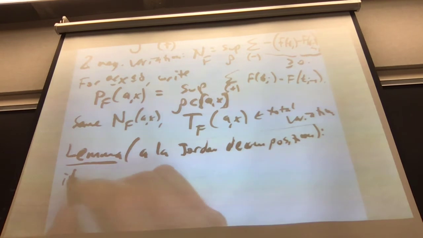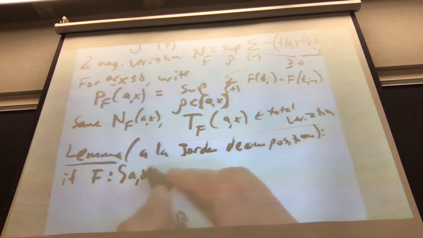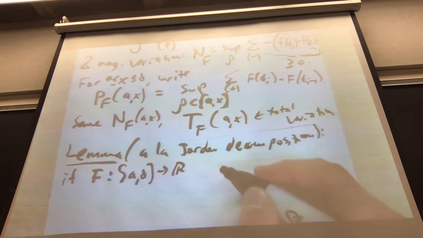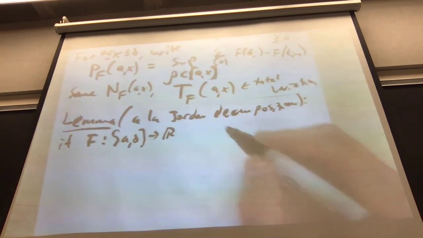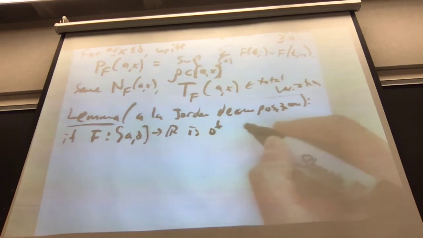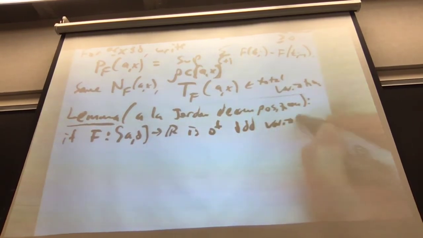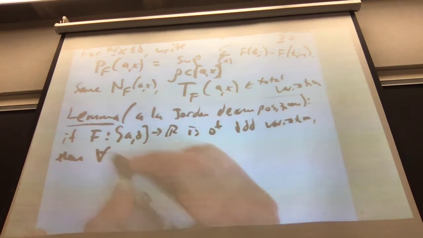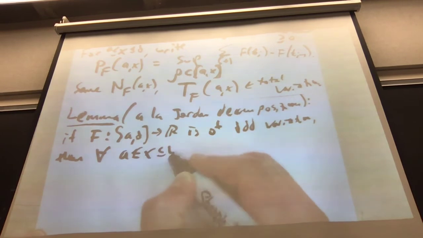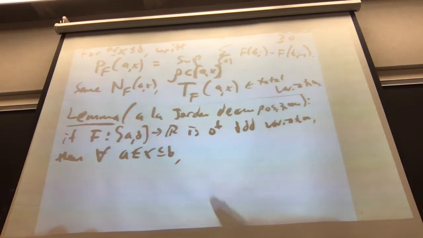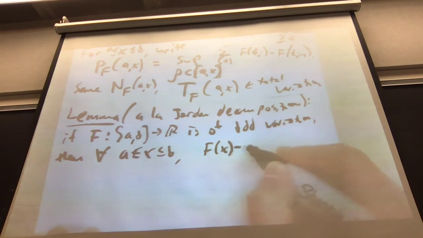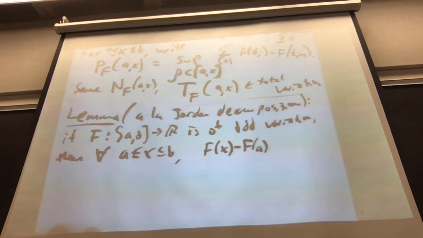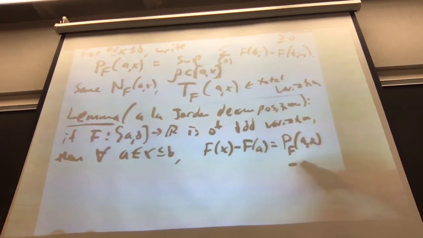If f from a, b to R is of bounded variation, then for all x in a, b, first of all, f of x minus f of a is equal to the positive variation from a to x minus the negative variation from a to x.